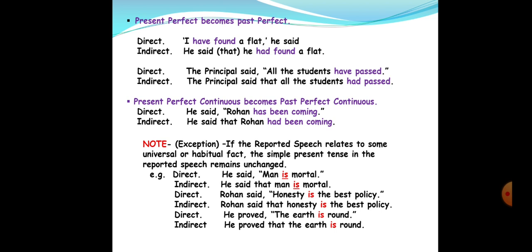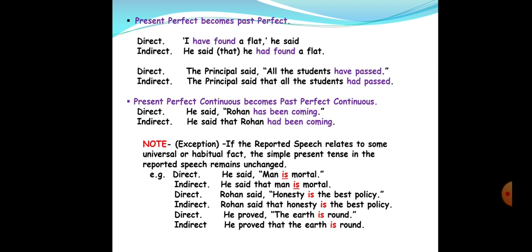In indirect, it becomes, the principal said that all the students had passed. Then, present perfect continuous becomes past perfect continuous. Example, direct speech, he said, Rohan has been coming. In indirect, he said that Rohan had been coming.